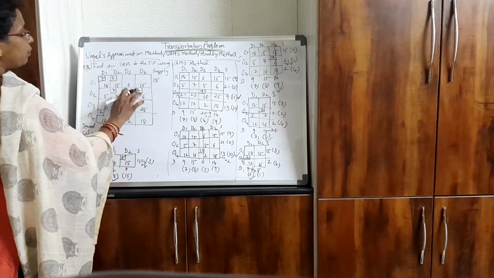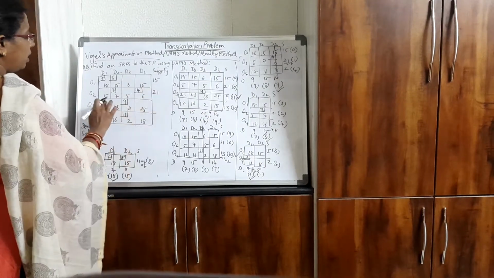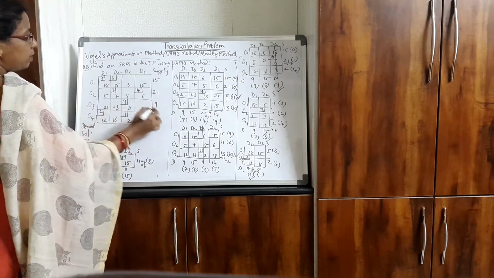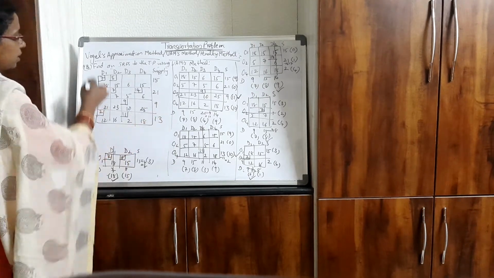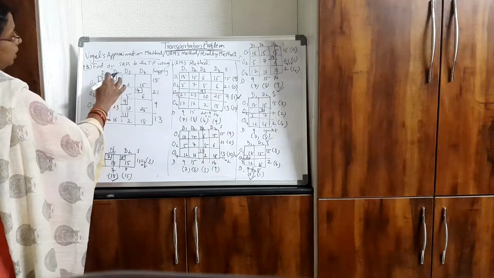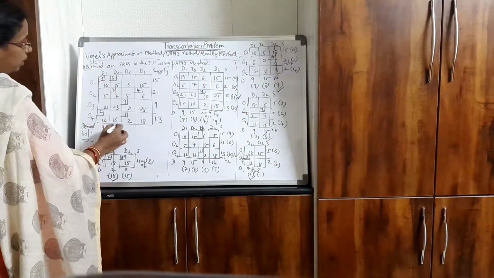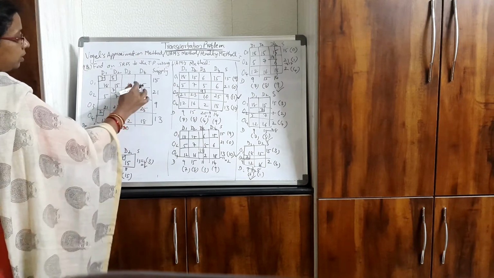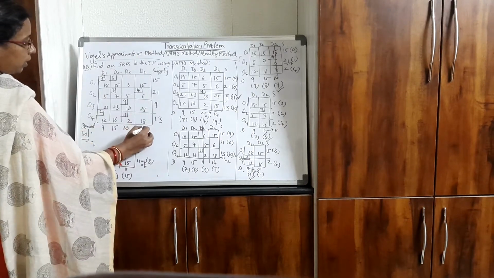Then 7 plus 14, 21. Here you have only 9, so write as it is 9. Then 2 plus 11, 13. Column wise: 7 plus 2, 9. 8 plus 7, 15. 9 plus 11, 20. Then here you have only 14, so write 14 as it is.